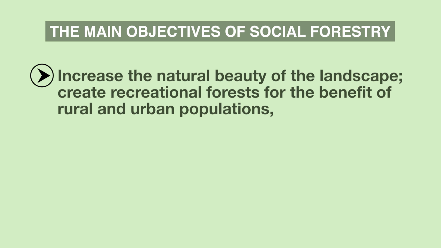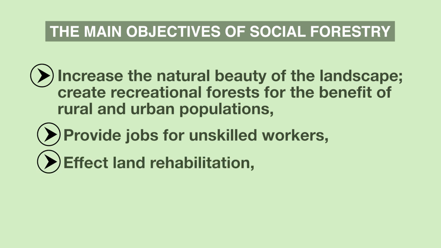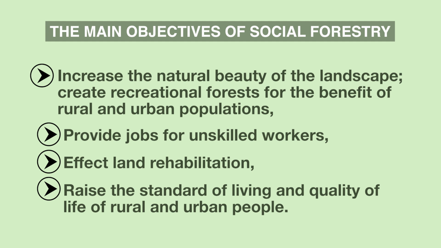Increase the natural beauty of landscape, create recreational forests for the benefit of rural and even urban populations, provide jobs for unskilled workers, effect land rehabilitation, and raise the standard of living and quality of life of the rural and the urban people.